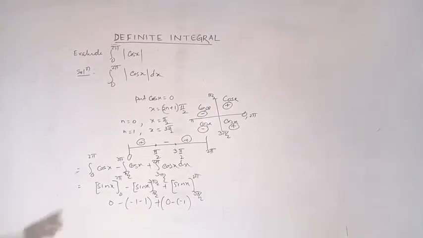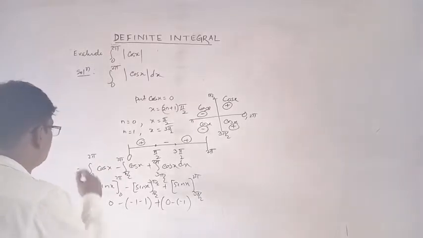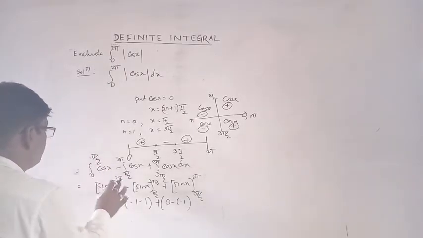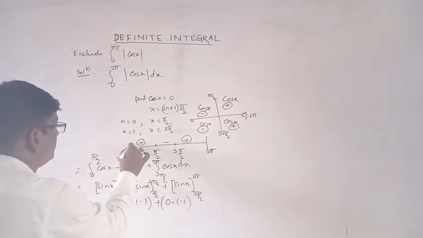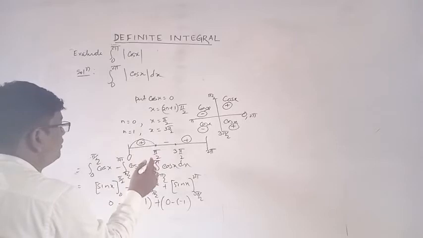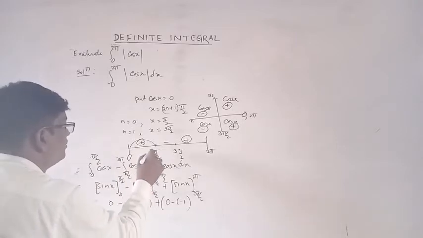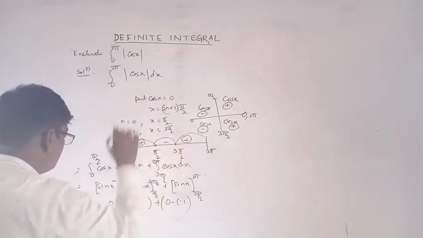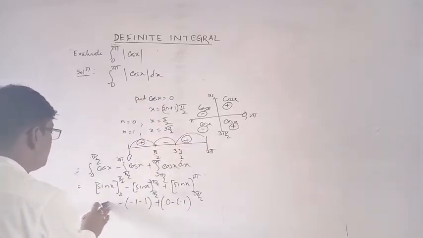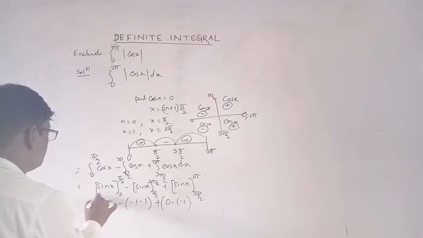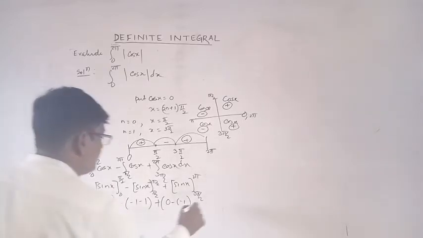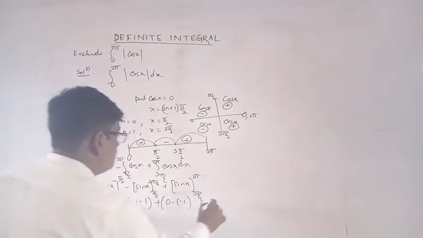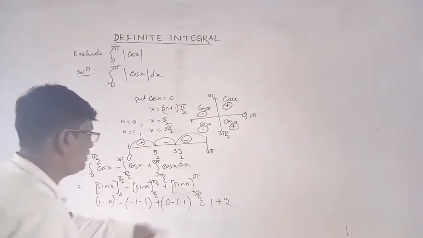First is 0 to pi by 2: sin pi by 2 is 1, minus sin 0 which is 0, so the answer is 1. The second part gives plus 2, and the third gives 1.